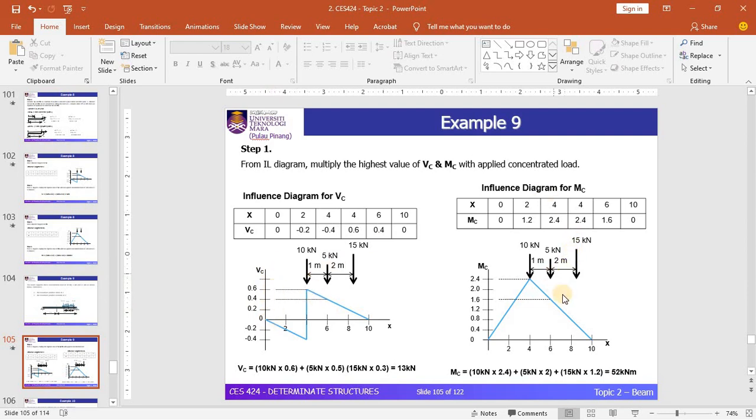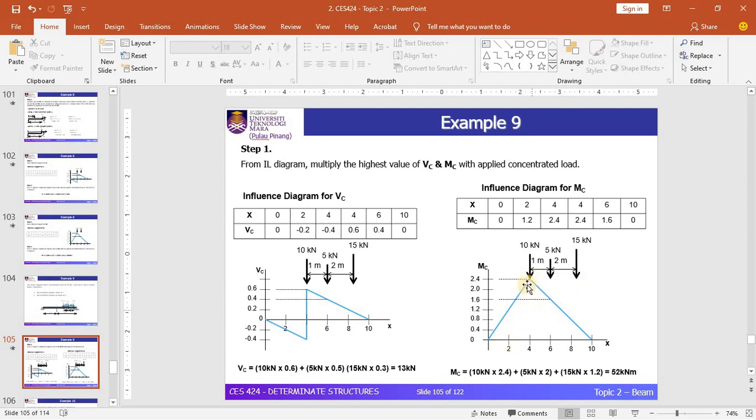For the bending moment, this is the ILD for the bending moment that we have established in the previous example. This is the position where you can get the maximum bending moment at point C. Since we have 3 wheels, you need to find the value of the factor for the corresponding wheel.